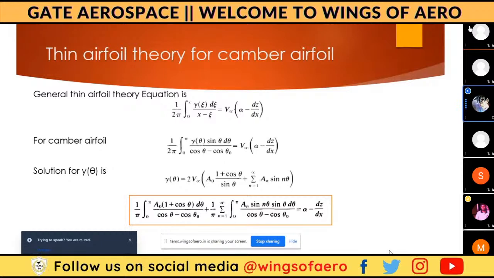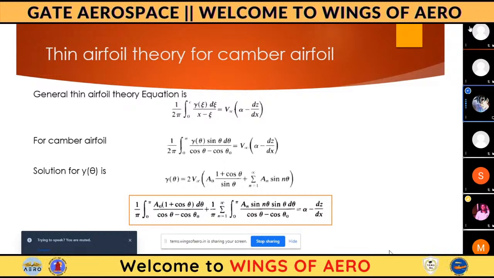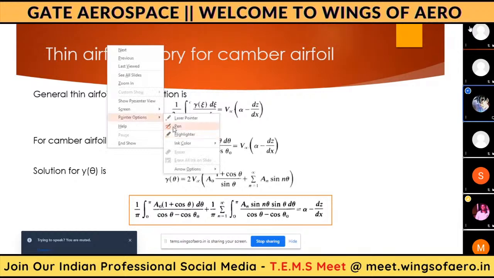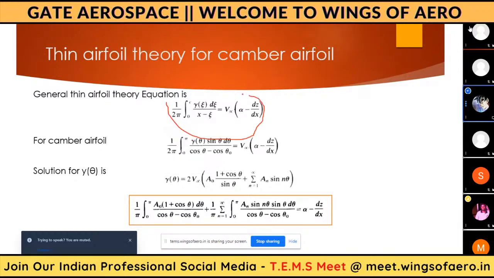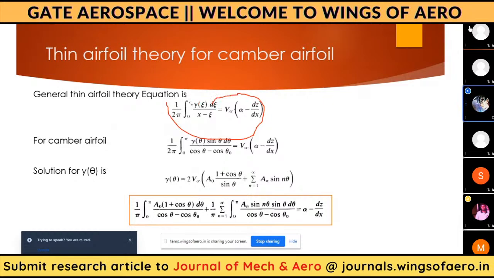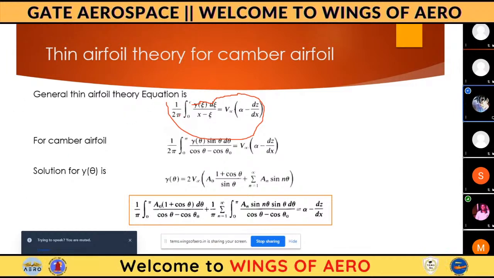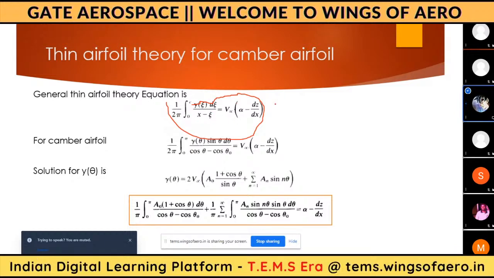And as per thin aerofoil theory, the general equation for solving the cambered aerofoil is also the same, 1 by 2 pi integral of 0 to c gamma of psi d psi divided by x minus psi equal to V infinity into alpha minus dz by dx. You all know how we derived this equation.